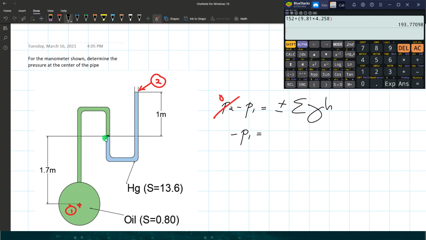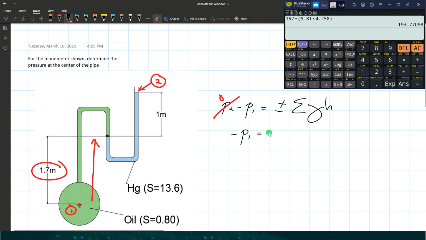So based on the figure, we have a difference in elevation from the center of the pipe to that point, which is 1.7. So the direction is from point 1 to the end point. Okay, it means the difference in elevation is going up from this point to that point.